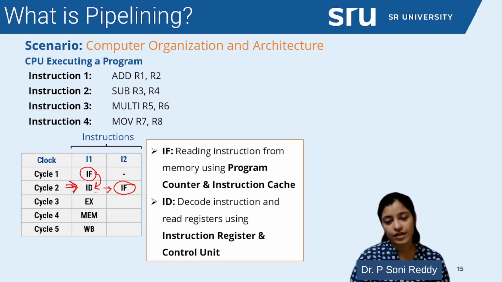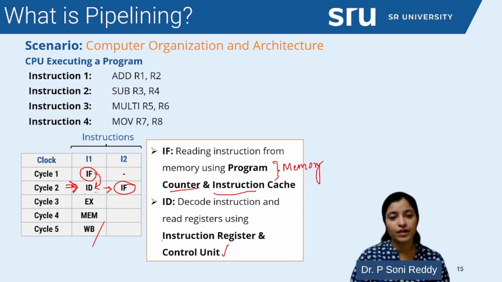Because in the second clock cycle, the decoding is being done by the control unit, which is one hardware component of your data path execution. And your fetch is being done using the program counter and instruction cache that are part of your memory. So the first step is being done by one hardware, which is your memory.